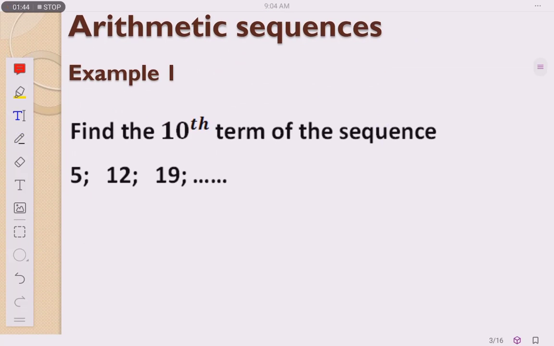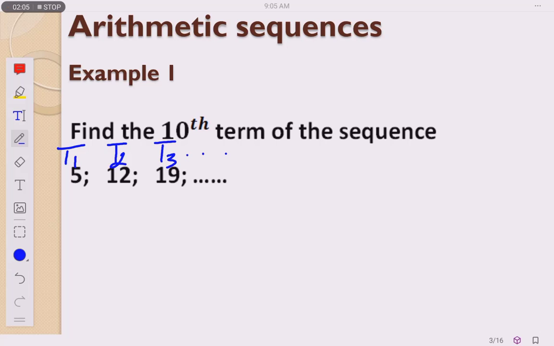Okay, so the first question is saying find the 10th term of the sequence 5, 12, 19. So what we do first, we identify or we write, let me write the terms. This one is T1, T2, T3, and so on.